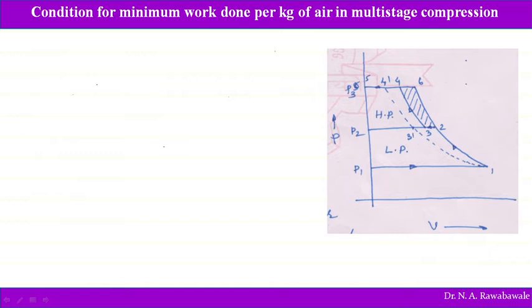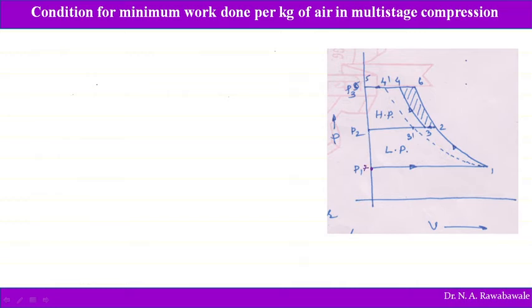So now today we will discuss the condition for minimum work done per kg of air in a multi-stage air compressor. Now let us consider this PV diagram. From this PV diagram, let this point be 7.